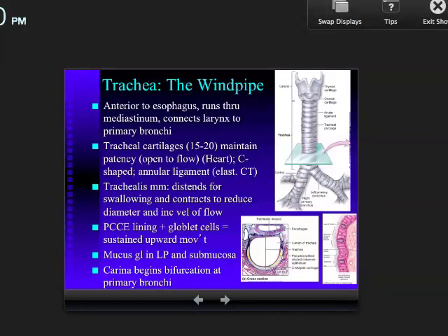And along the back, where the C-shaped cartilage is not, here's the C-shaped cartilage, like a horseshoe, along this back part, you have a muscle, the trachealis muscle. And that trachealis muscle does two things.